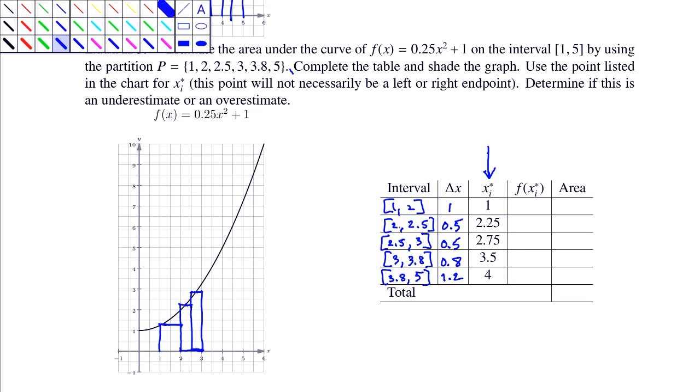Let me get that there. The next interval goes from 3 to 3.8. That is going to go almost all the way to 4 there. The height is based on 3.5. So we're going to go up 3.5. And then go over towards 3.8 and then come down like that.